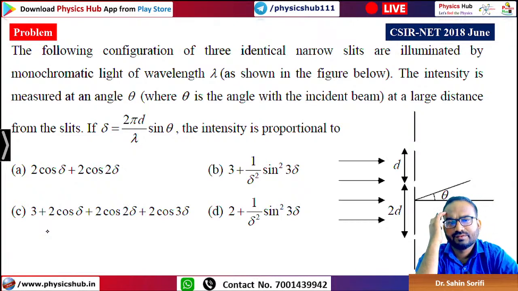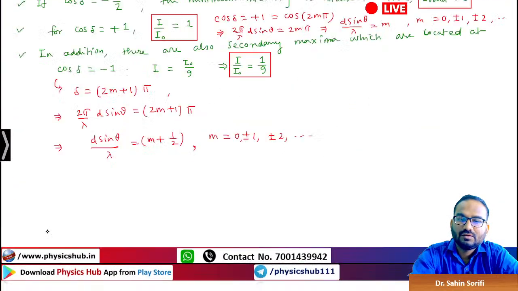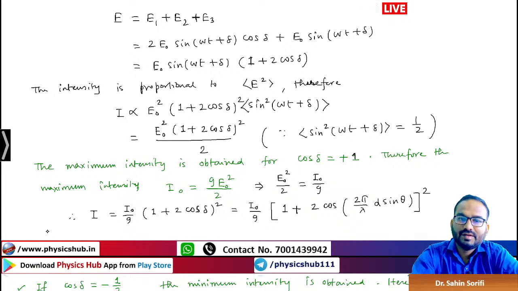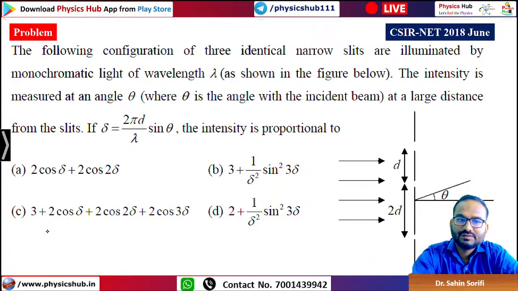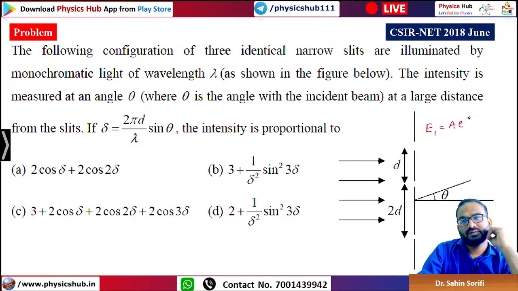Look, the way we calculated using sine or cos, we have taken sine, so we can also take exponential. We have also derived this initially. We can also take the electric field expression in terms of exponential. So from the first slit, E1, let's say, is a e to the power i omega t.